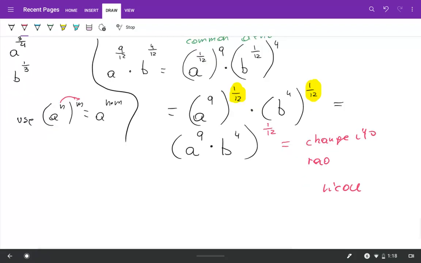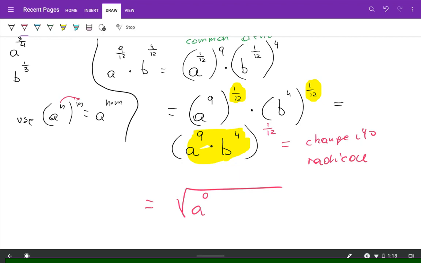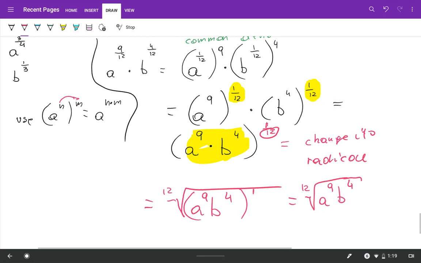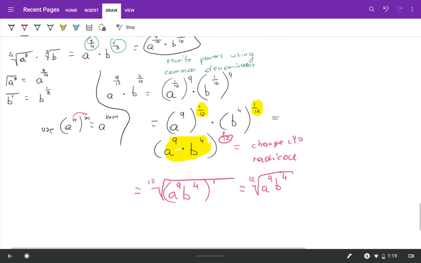And now, finally, we can change that to a radical, treating this as one expression. So we're going to have a radical of a to the power of 9, b to the power of 4. Now look what happened: the denominator becomes the index, and the numerator goes right here.